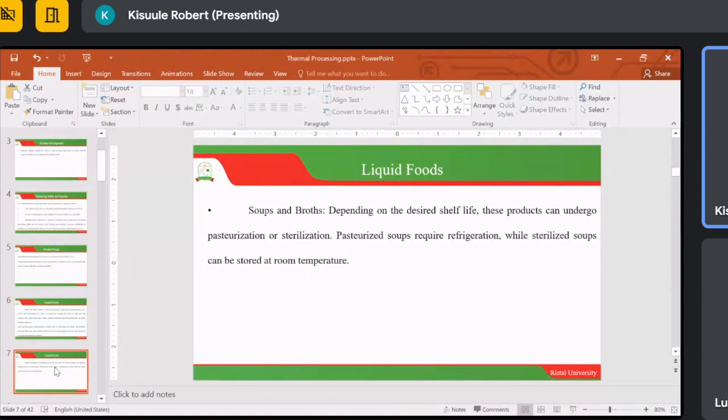All right. We are also saying that for soups and broths, depending on the desired shelf life, these products can undergo pasteurization. A point to note is that once you expose some of these foods to a lot of heat, some qualities that you desire from this food will be lost.